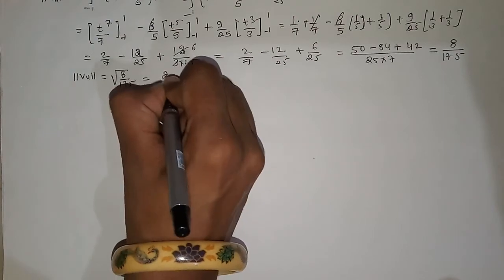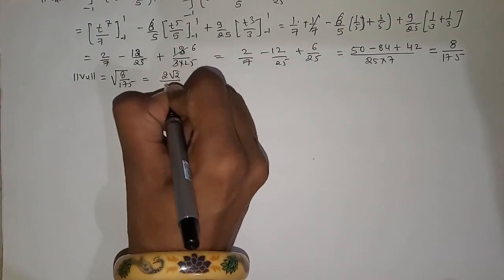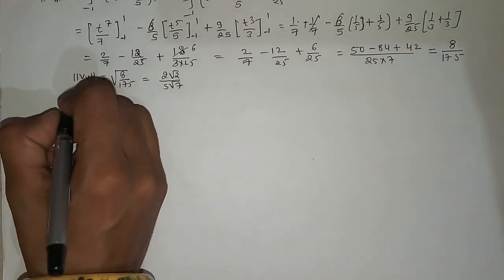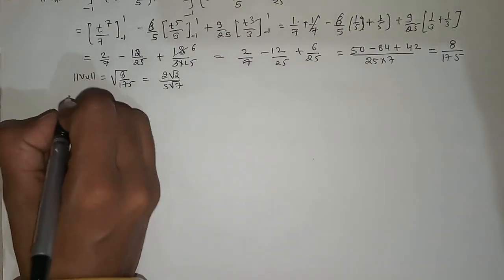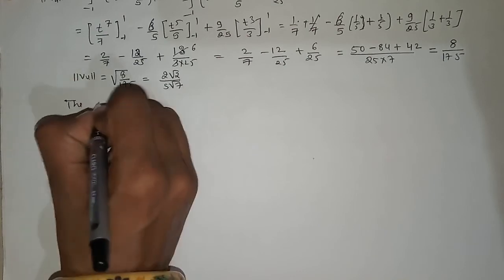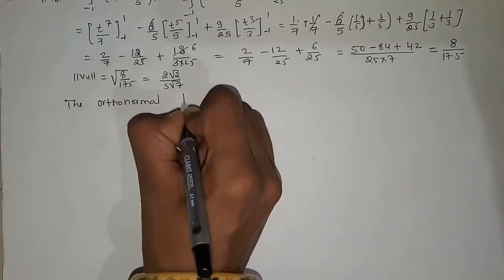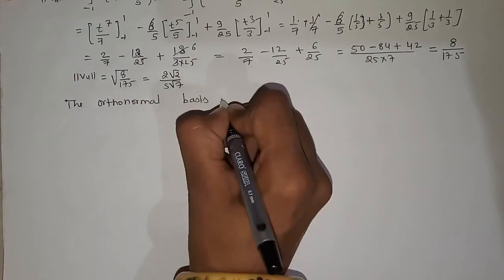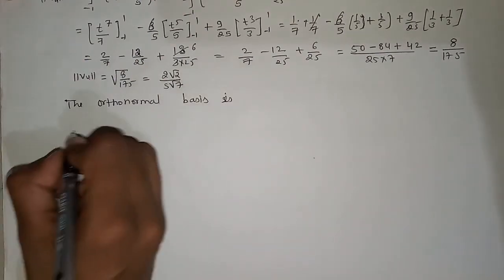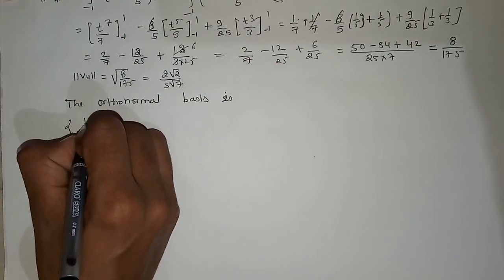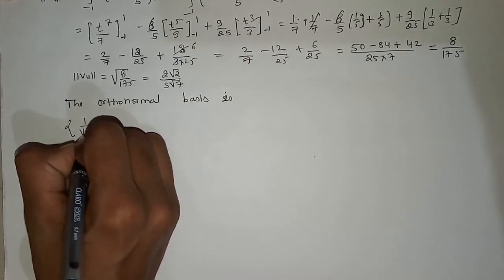So we can say this is 2 root 2 by 5 under root 7. So the orthonormal basis, or orthonormal set, is: first one we have 1, so 1 upon norm of V1, so 1 upon root 2.